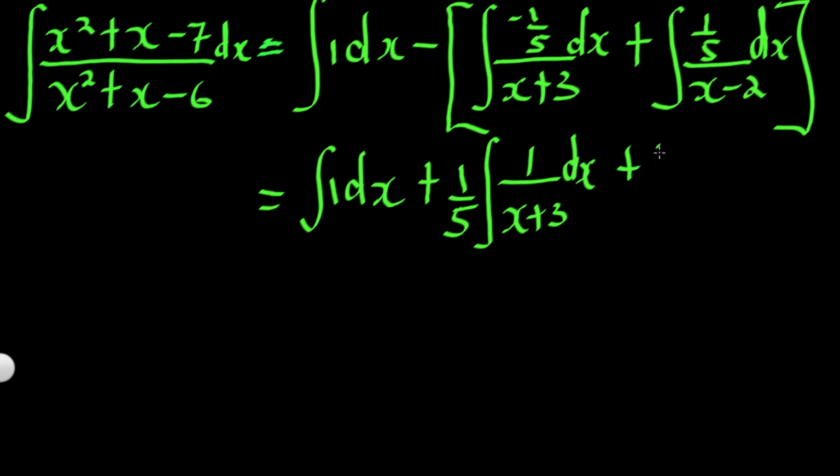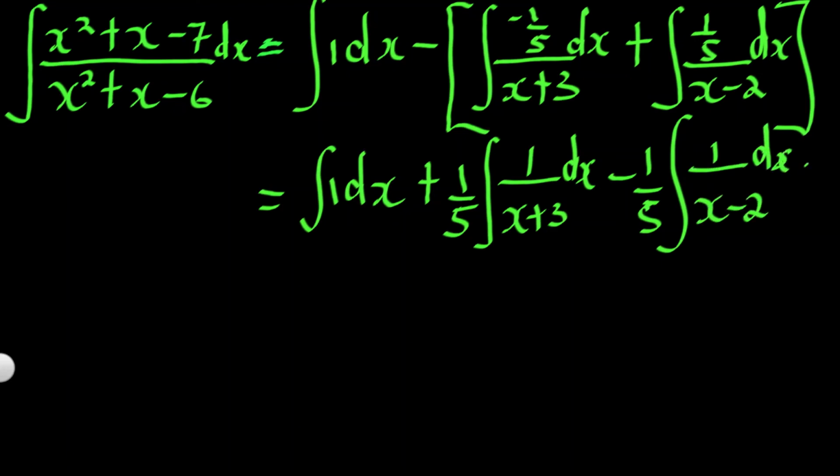This is not plus, it's now minus because the minus sign outside the bracket is acting here. So we've got minus 1 over 5, the integral of 1 over x minus 2 dx. This is what we have.